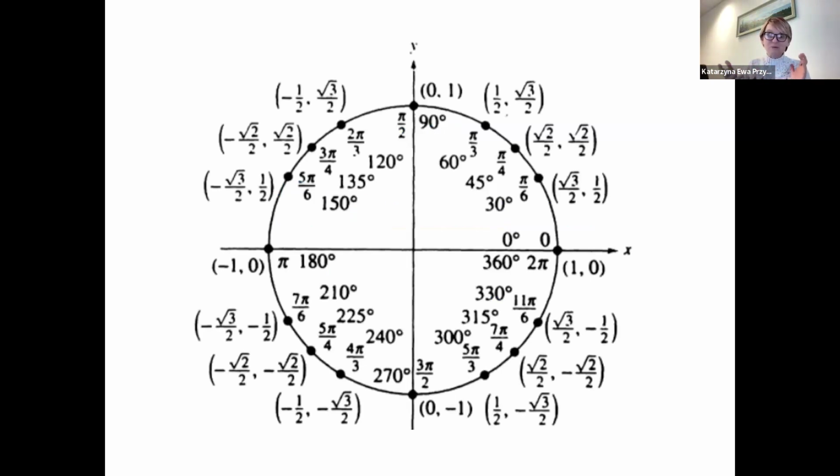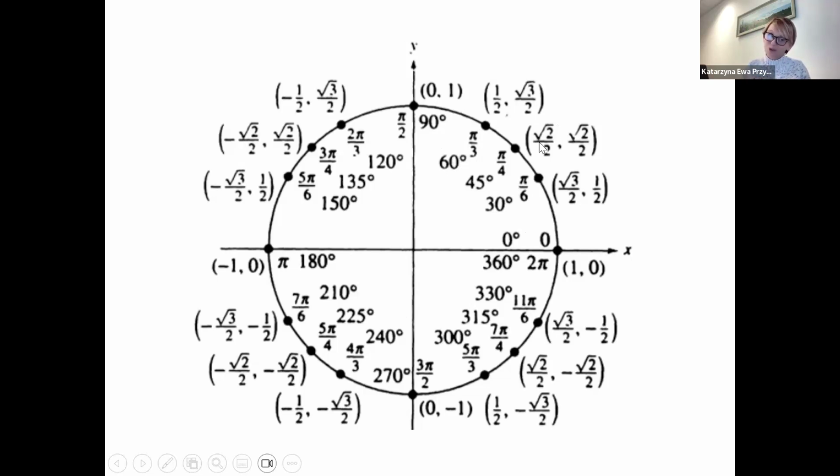When we think about the unit circle, we always think about all of these values. I don't have to explain everything in detail, but we know the special angles, 30 degrees, 45, 60. We also use radians, the corresponding measurement for degrees. Then we have these multiples of 30, 45, 60 in the second, third, and fourth quadrants.